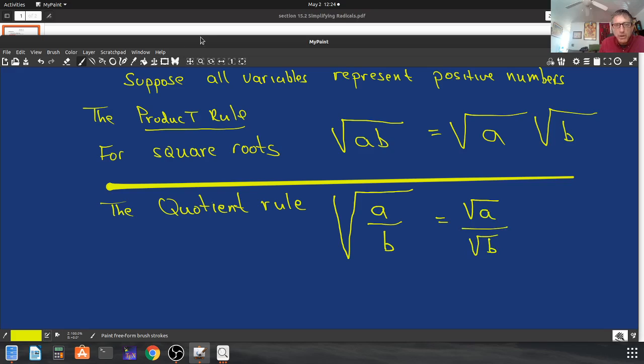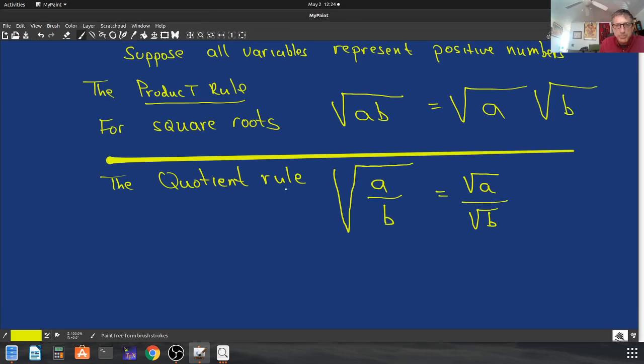Now I want to tell you why we really don't need that. The product rule is all we really need. The reason being is because you have to remember that when you divide a number a by b, you already know that b is non-zero. So that's equal to a times 1 over b.